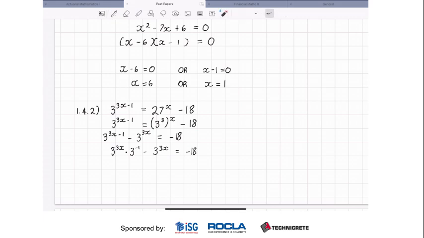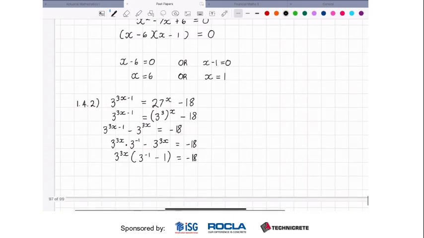And now on the left-hand side, I can see that I've got 2 terms, and in each of the terms I've got a common factor of 3 raised to the 3x. So I can take out this common 3 to the 3x. And I'm left with the bracket where the first term is 3 to the minus 1, and the second term is just 1, and this is equal to minus 18.